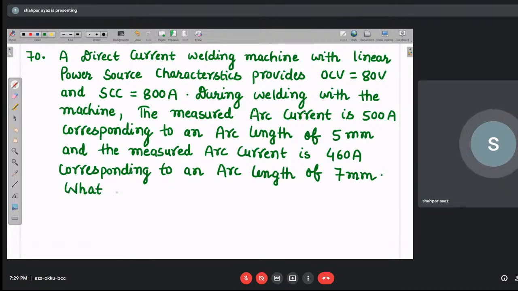What is the linear relation between voltage and arc length?